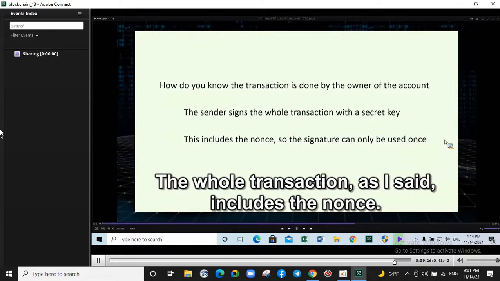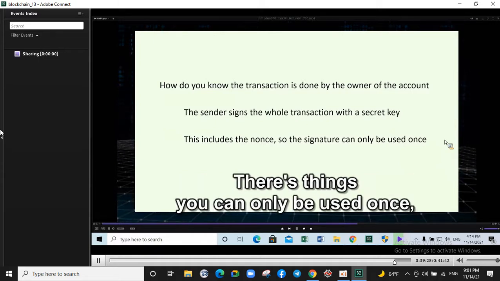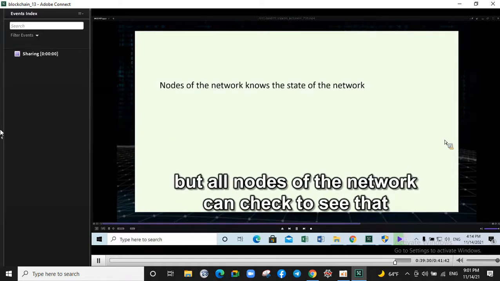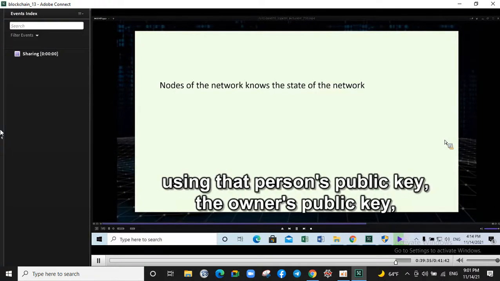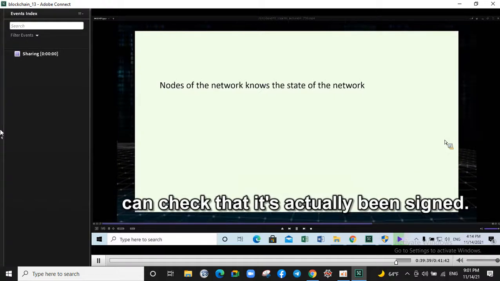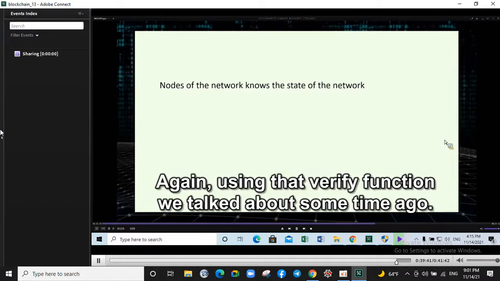So the signature can only be used once, but all nodes of the network can check, using the owner's public key, that it's actually been signed. Again, using that verify function we talked about some time ago.